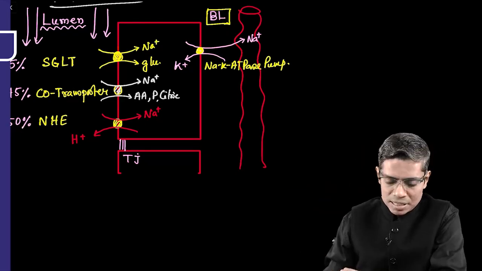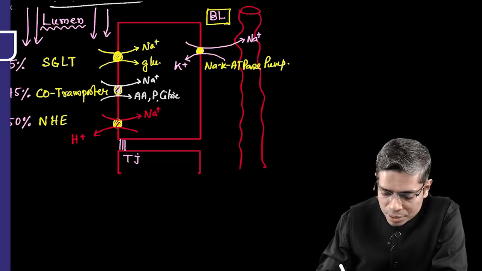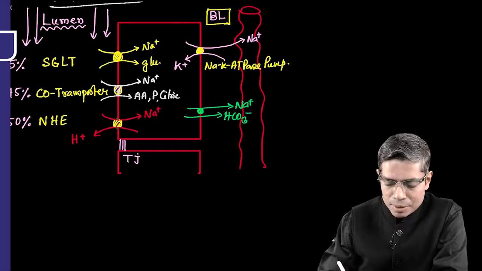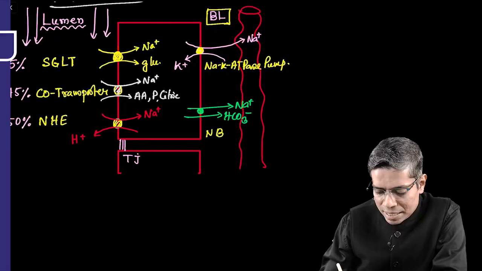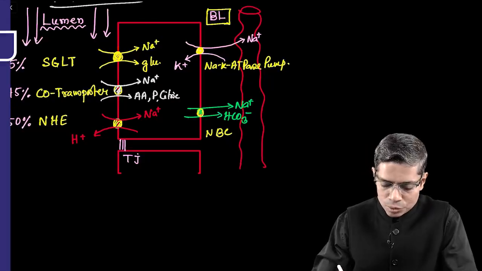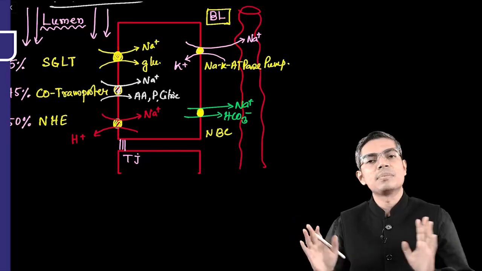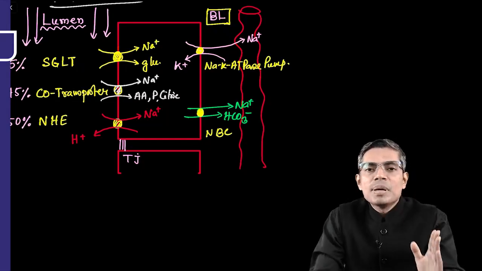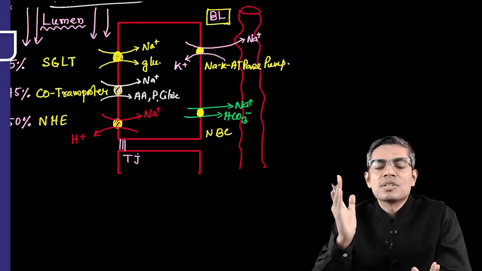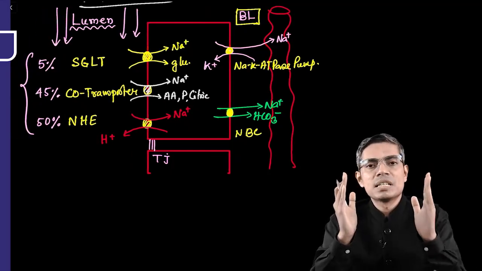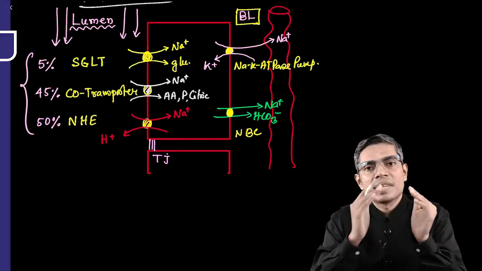Along with this sodium potassium ATPase pump, the sodium bicarbonate co-transporter, which is known as NBC, is also there, which helps in sodium reabsorption in the basolateral membrane. So please be careful whether the question is asking about luminal membrane sodium reabsorption or basolateral membrane sodium reabsorption.